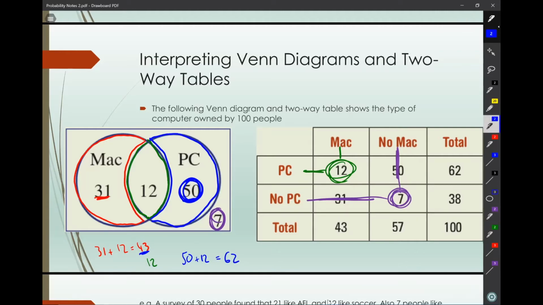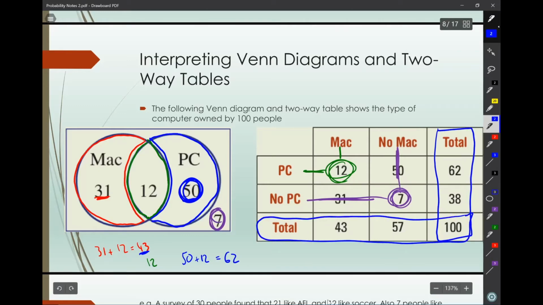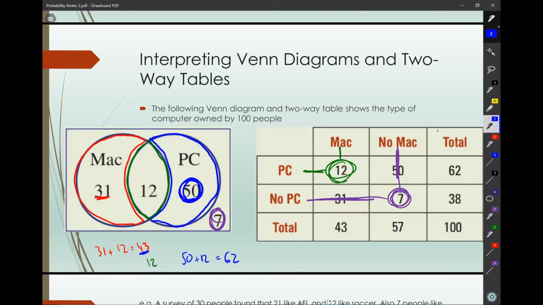Another useful feature of the two-way table that's not in the Venn diagram is this total column and total row at the end. Because when we first looked at the Venn diagram and we wanted to know the total number of people that owned a PC and the total number of people that owned a Mac, we had to quickly just calculate it ourselves.